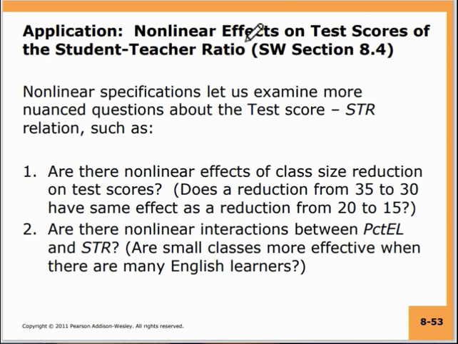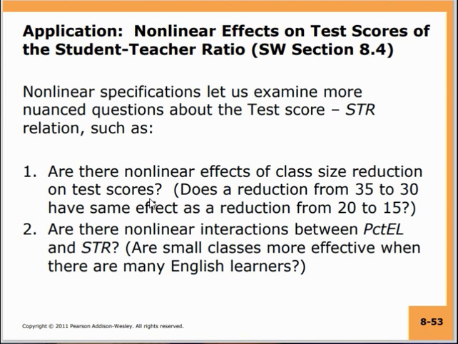So now we apply it to the test score on the student-teacher ratio. Nonlinear specifications let us examine more nuanced questions about the test score STR relation. Are there nonlinear effects of class size reduction on test scores? Okay, so there are two ways we can look at this. Just class size reduction by itself, is there a nonlinear effect of that variable on the test score?